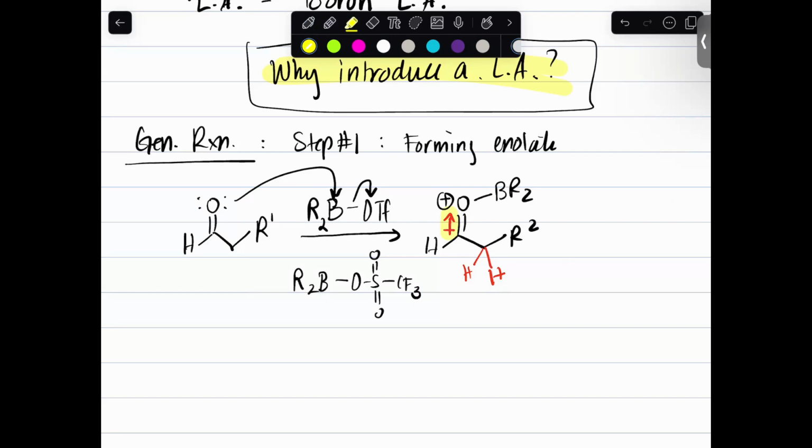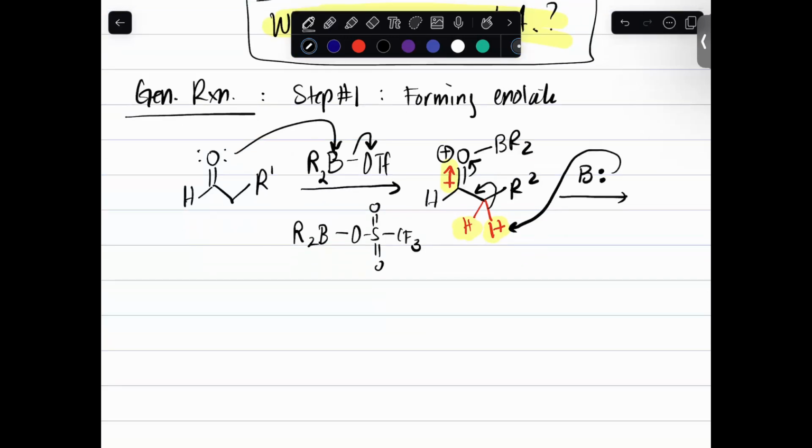And once I've activated my carbonyl group, I make these alpha protons more acidic and it can introduce my base. I deprotonate, to neutralize that positive charge on my oxygen. Okay. And I can form either my Z-enolate or my E-enolate, just like I mentioned before.